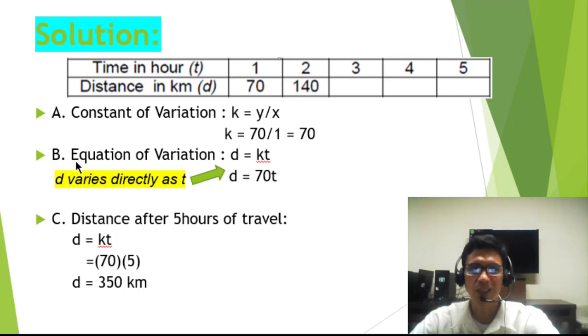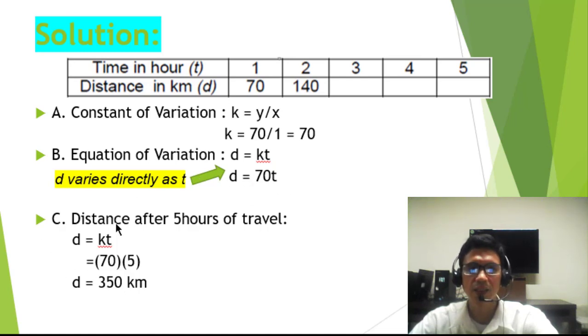So to find the equation of variation, we translate D varies directly as T. D is our dependent variable, so we place that on the left side of the equation, equal to the constant times the independent variable T. So we translate D varies directly as T and assign 70 to K to have this translated equation.